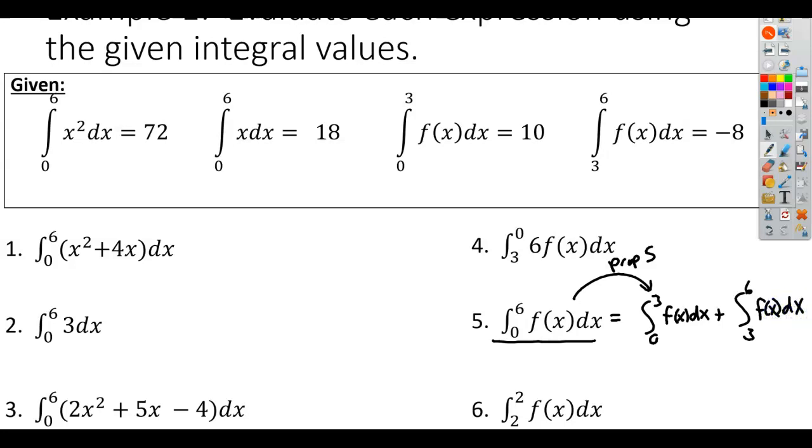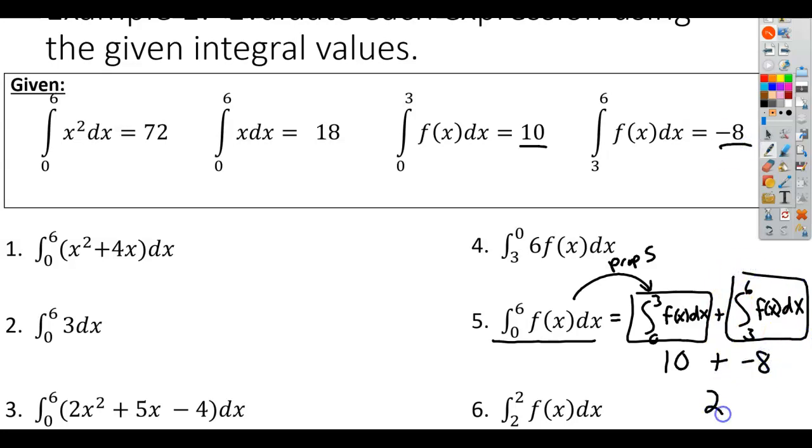Now, the area from 0 to 3 we know is 10, and the area from 3 to 6 we know is -8. So the final answer would be 2. That's property 5. All right, how about this last one here?